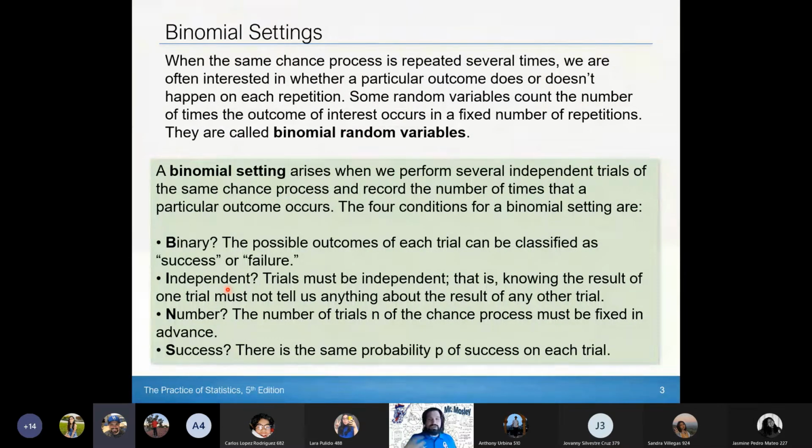So as long as it's independent, we should have the same probability of success on each trial. These conditions we need to know. We need to be able to check them to see if something is in a binomial setting and if we can use a binomial random variable and then use the binomial distribution. So we get the letters BINS. If you want to know if something is in a binomial setting, you need to check your BINS. That's the little moniker we can use. Check your BINS.